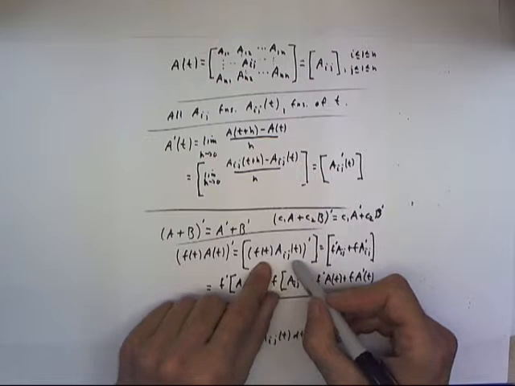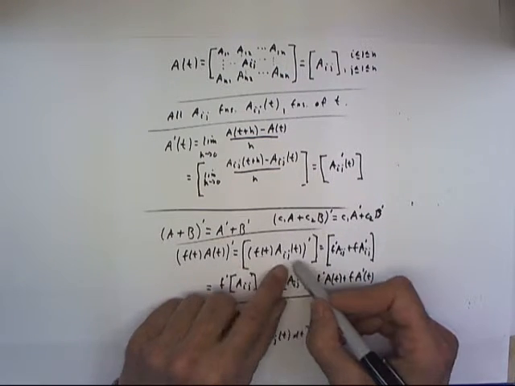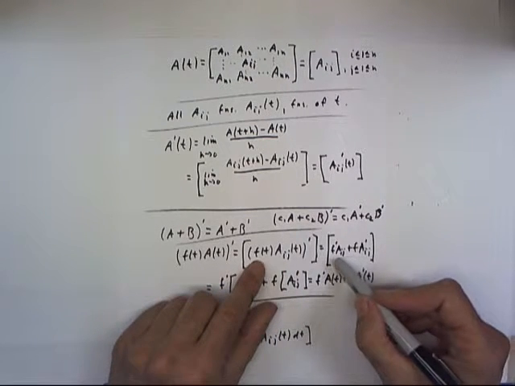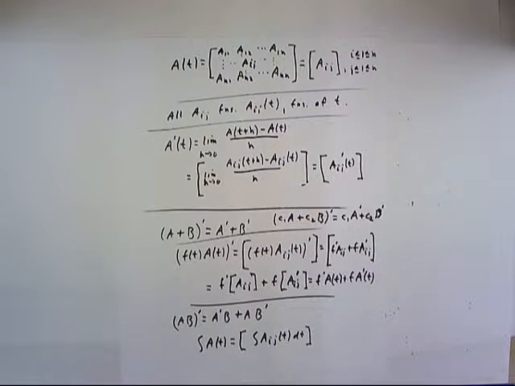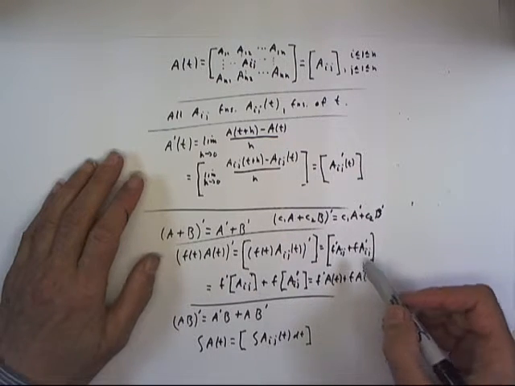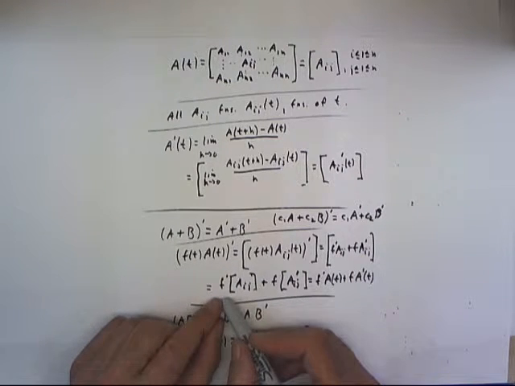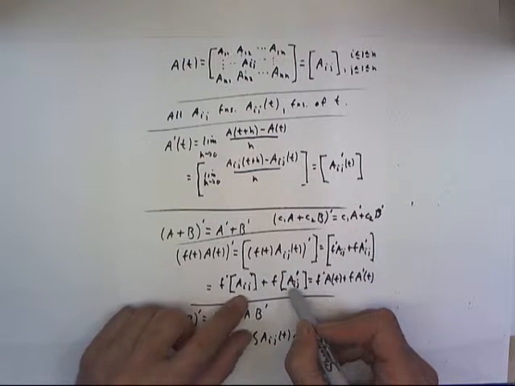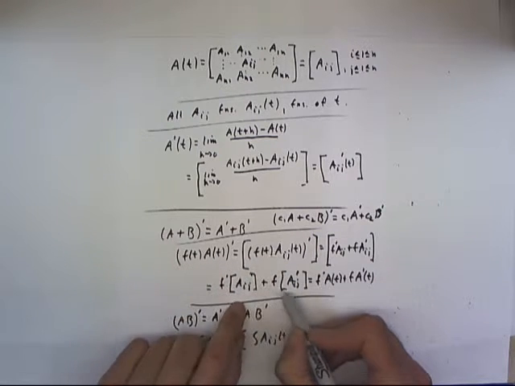And the derivative of f of t, aij of t is just obtained by the product rule. This is just a product function. For every ij, this is a product of f of t with some function aij of t. So we just apply the product rule and we get f prime aij plus f times aij prime. Now the matrix whose ij entry is this is the sum of the matrices with ij entry f prime aij and f aij prime, and the f can then be factored out for the same reason it could be multiplied in.